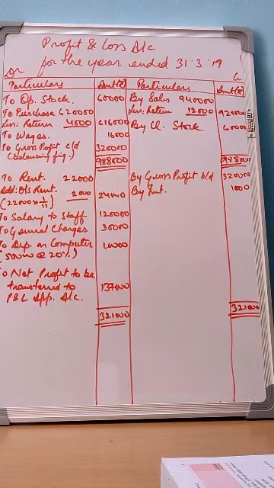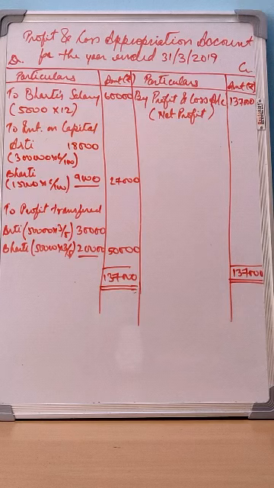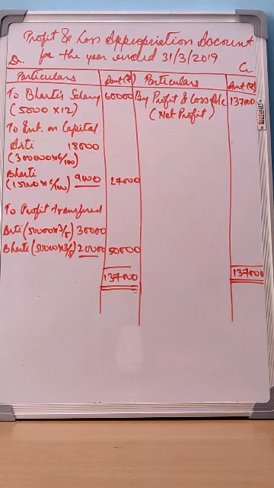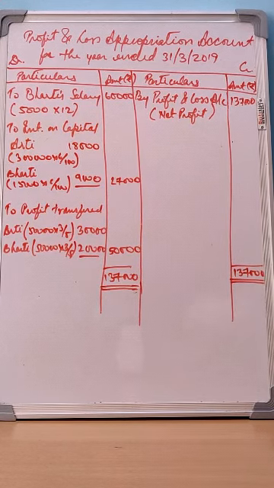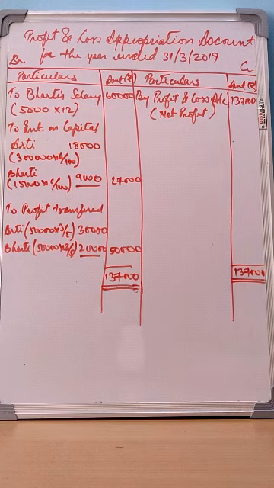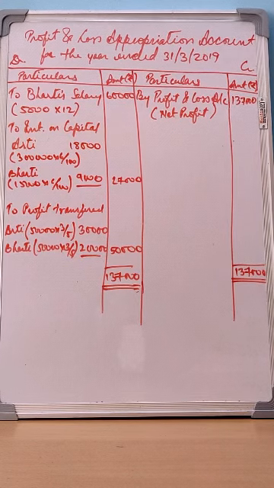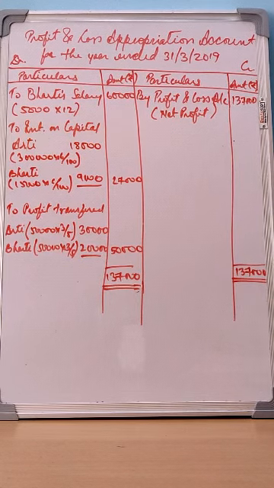Now let us see how we make the profit and loss appropriation account. I think the board is visible to you all. We have already made the profit and loss account of the firm. After making it, we will have to prepare the profit and loss appropriation account.